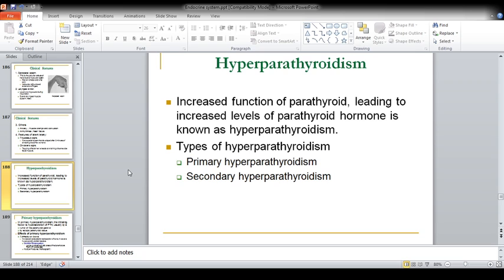So increased function of parathyroid leading to increased level of parathyroid hormone is known as hyperparathyroidism. It would cause hypercalcemia, increased calcium in blood. There are many types of hyperparathyroidism, but we'll discuss primary and secondary hyperparathyroidism.